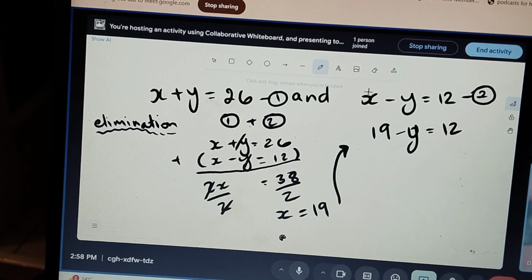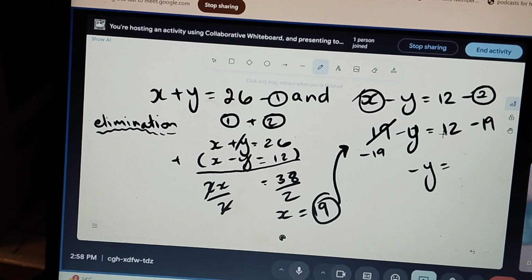So I took the x out and put the 19 in its place. Now, if I take the 19 across, I've got to subtract 19 on this side, which cancels that out. I've also got to subtract 19 on that side. So minus y equals 12 minus 19, which is minus 7. And if minus y is minus 7, then positive y is just 7.